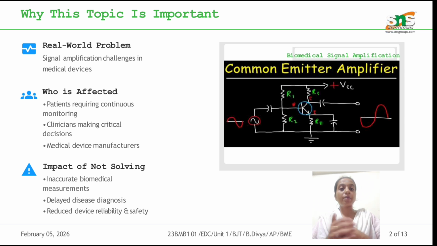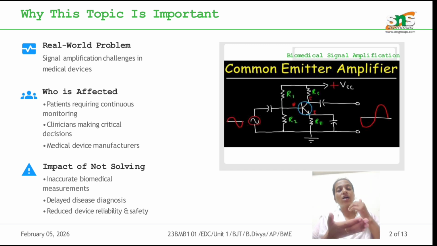Okay, the impact of not solving: inaccurate biomedical measurements. We need a very accurate result for a certain measured part, so inaccurate biomedical measurements will not be solved. Delaying disease diagnosis: as I told you, clinicians will have difficulty in decision making.